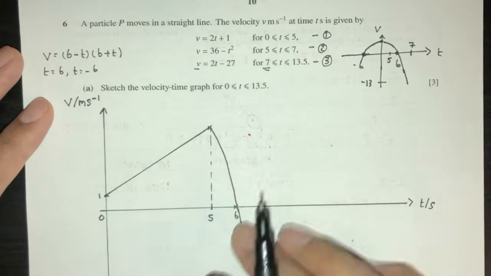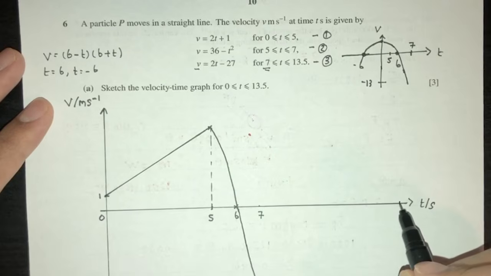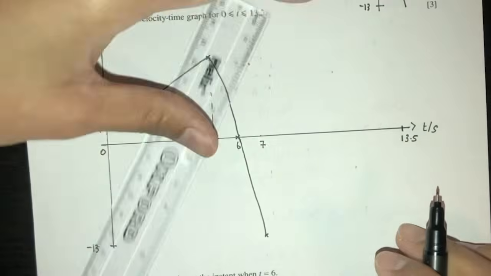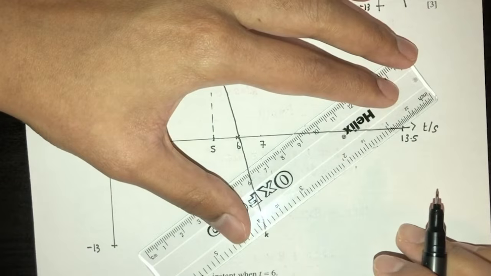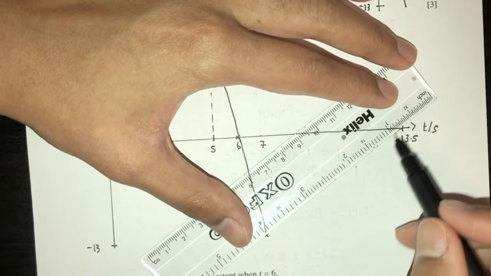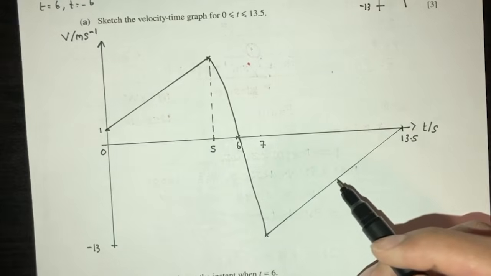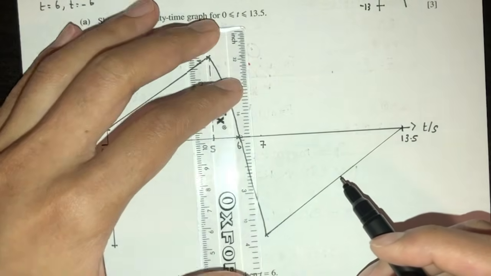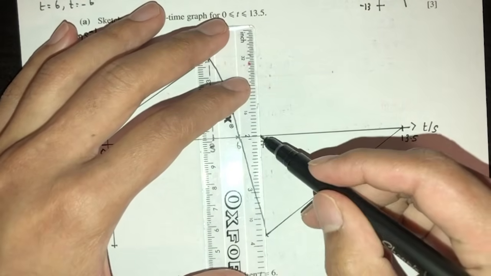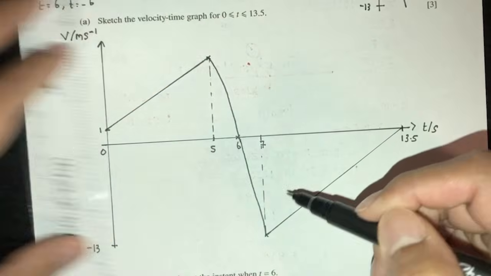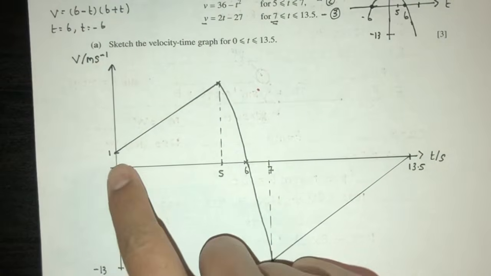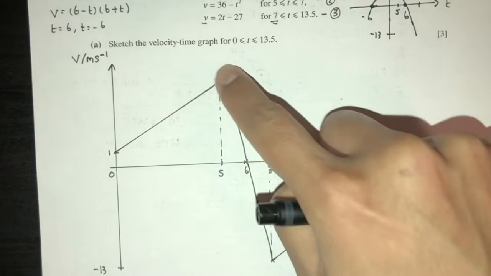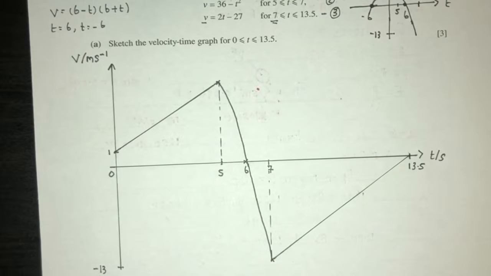Okay, 13.5, let's say, will be about here. So this one is a straight line. We have to join that by a ruler. Okay, so here you go. That's it. So we can definitely mark those points by dotted lines. Okay, so that will be your graph, the two straight lines joined by a curve going down.